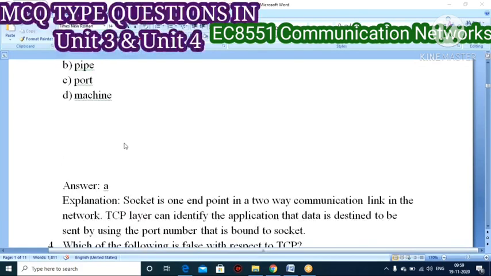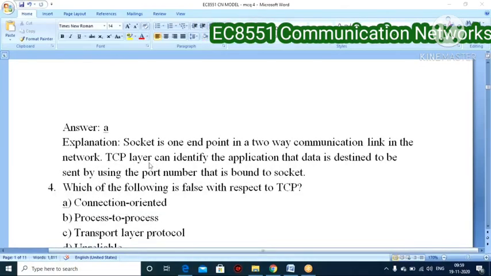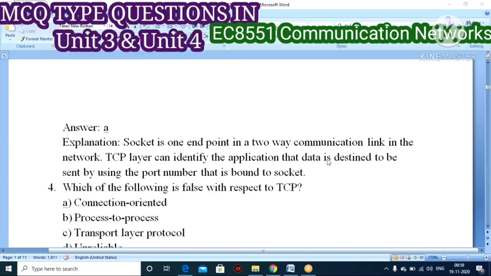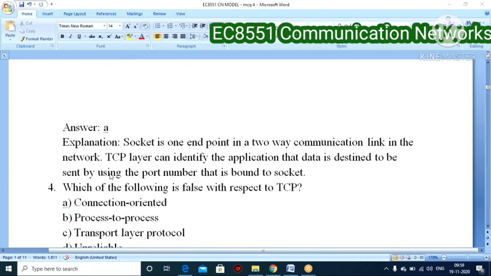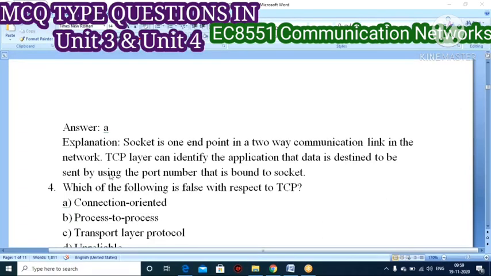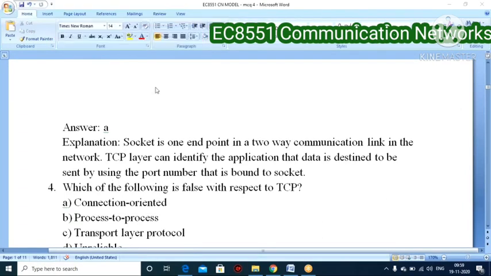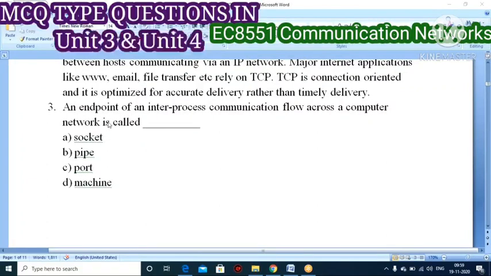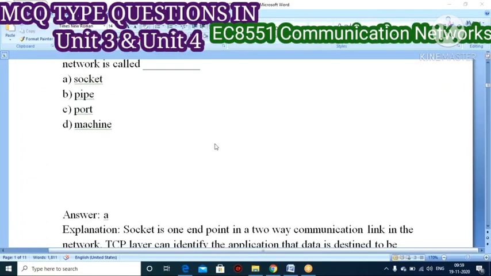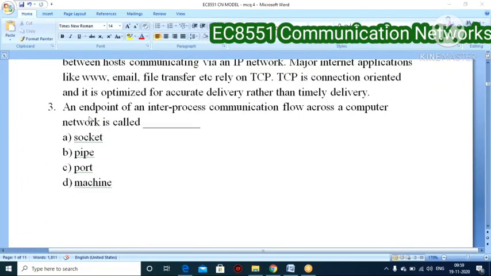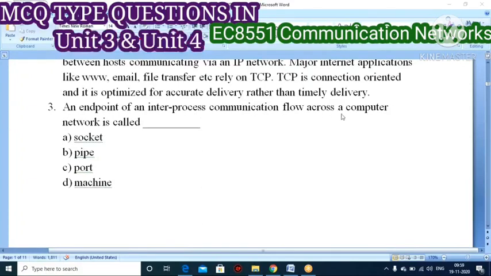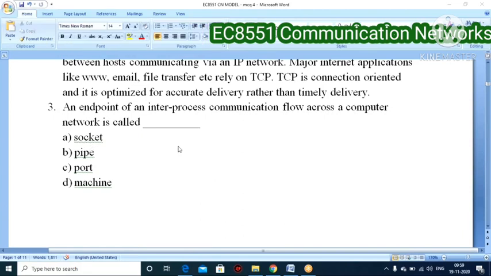The port number is bound to your socket, and the socket is at one end of the two-way communication. So an endpoint of an inter-process communication across a computer network is called a socket.